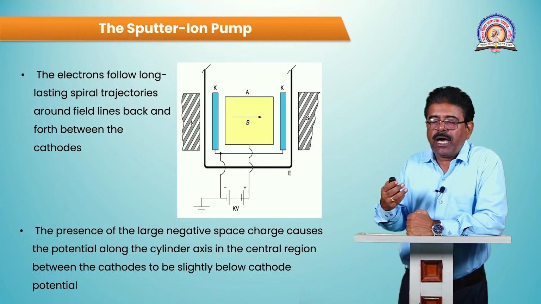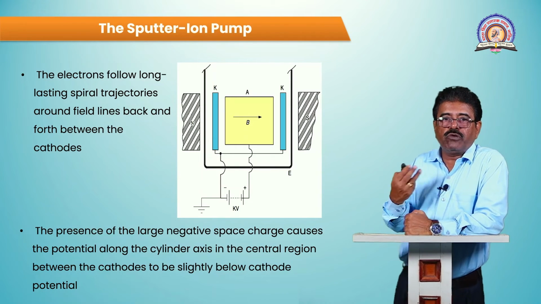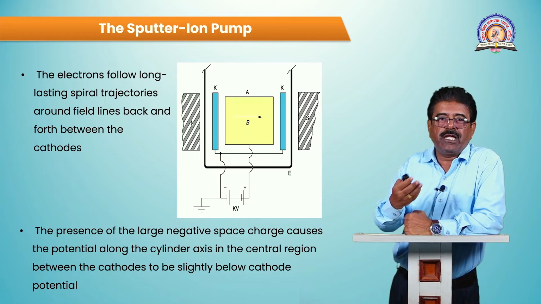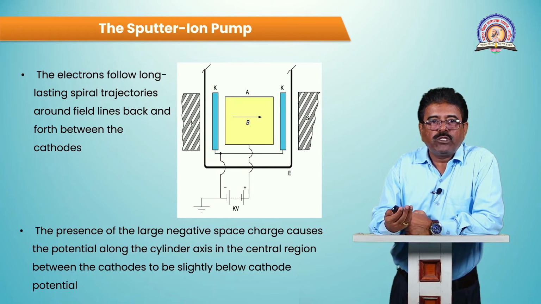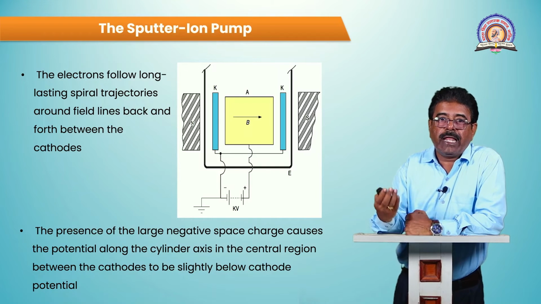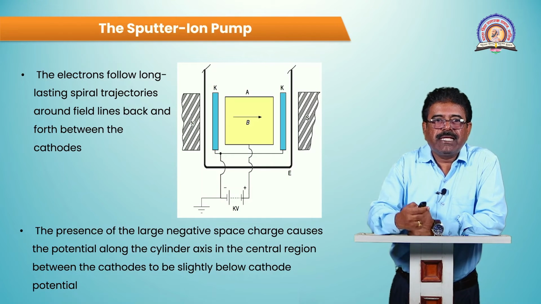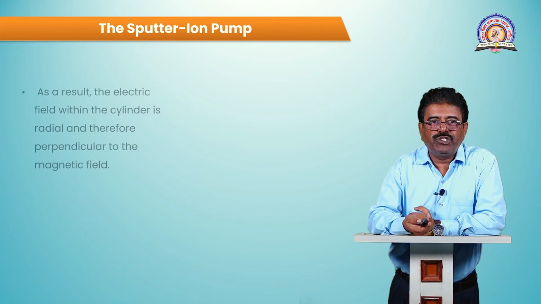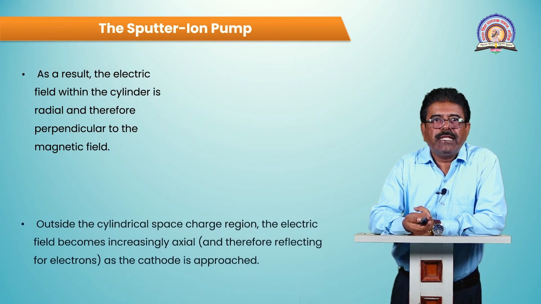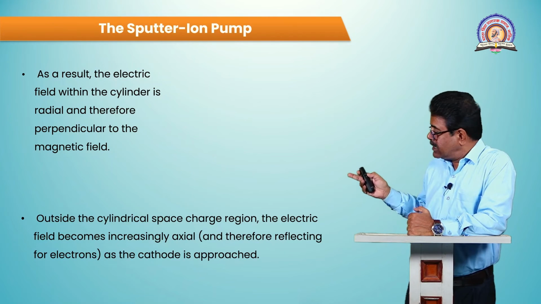So, this large number of electrons forms a large space charge, which will cause a potential along the cylindrical axis, especially in the central region between the cathodes, slightly below the cathode potential. As a result, the electric field within the cylinder is radial.